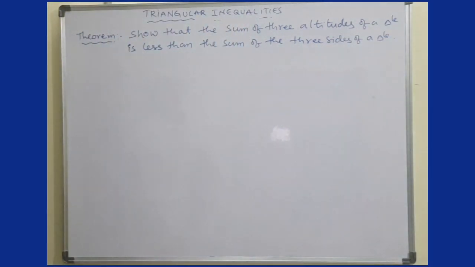Okay, so look at the statement. Sum of three altitudes of a triangle is less than the sum of three sides of a triangle.